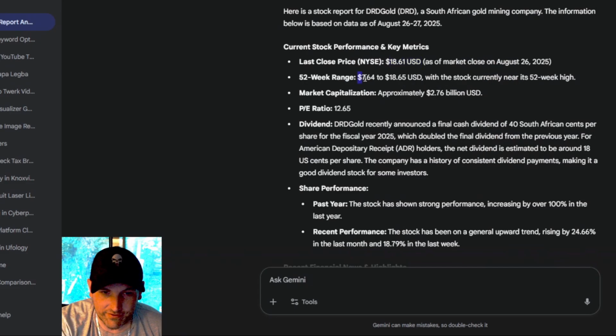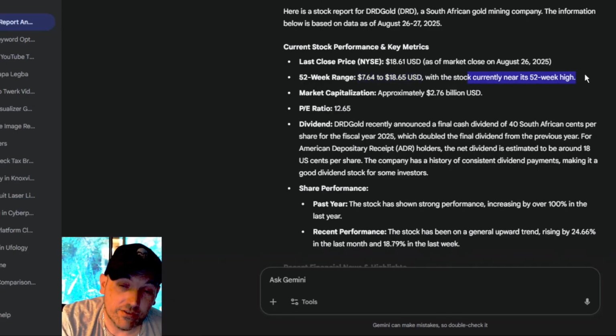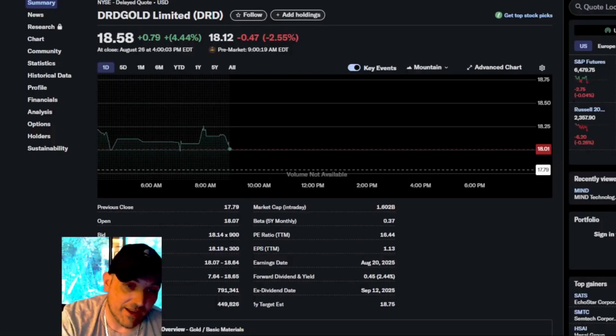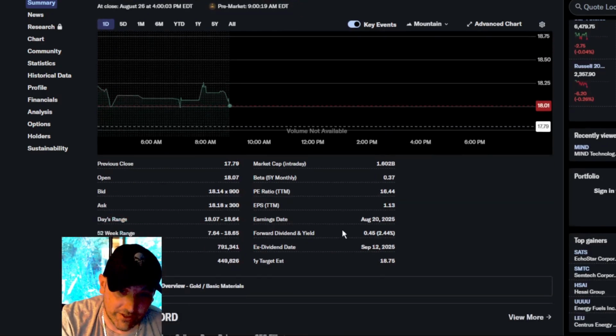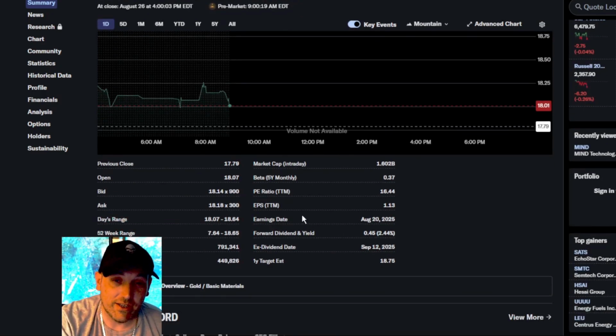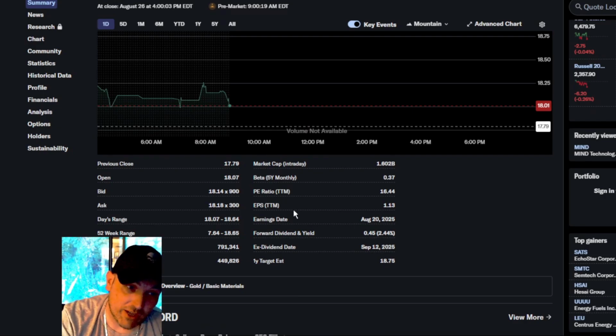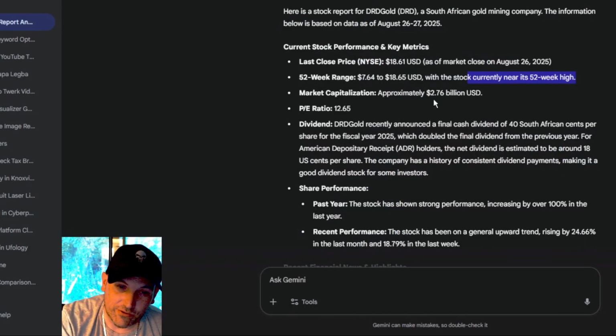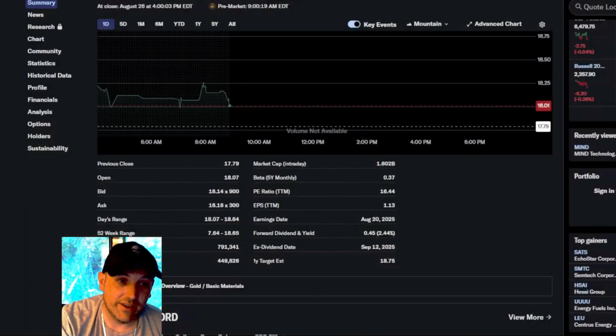52-week range, 764 to 1865, with the stock currently near its 52-week high. So we're getting very easy information to digest. This is like 3 AI, 0 Yahoo Finance within the first few minutes. And then market cap, approximately 2.76 billion USD.